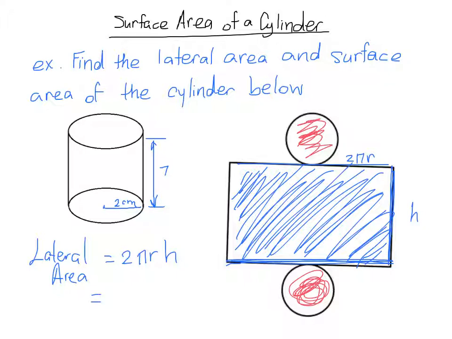So let's go ahead and plug that in. We have 2 pi r, the radius of my cylinder is 2, and the height, h, is 7. And we don't have to plug it into the calculator, we just get 28 pi, and that's in centimeters squared. So that's my lateral area.